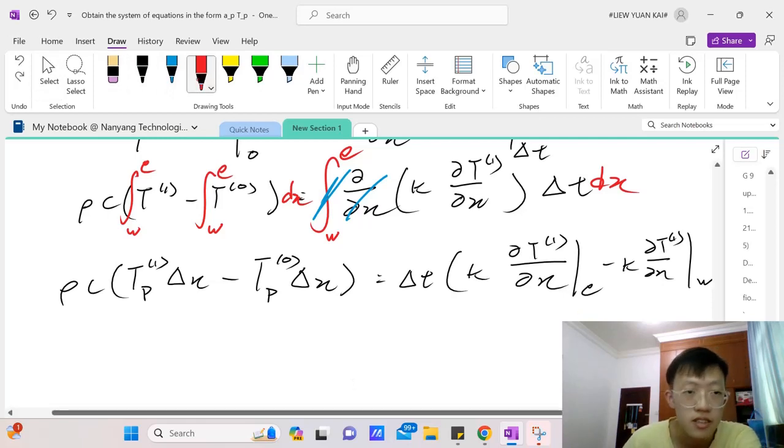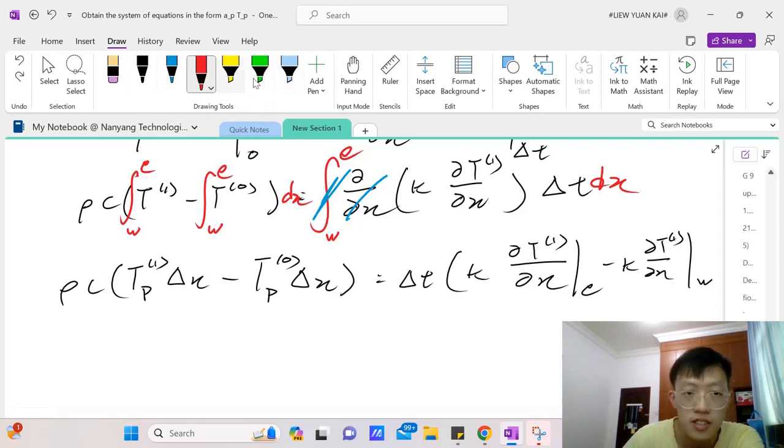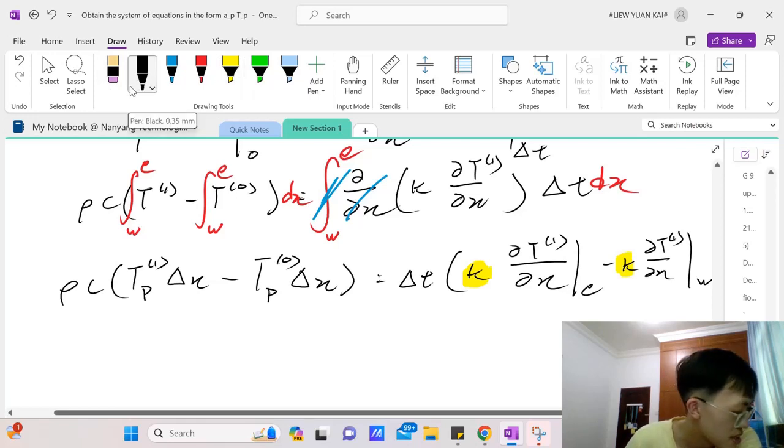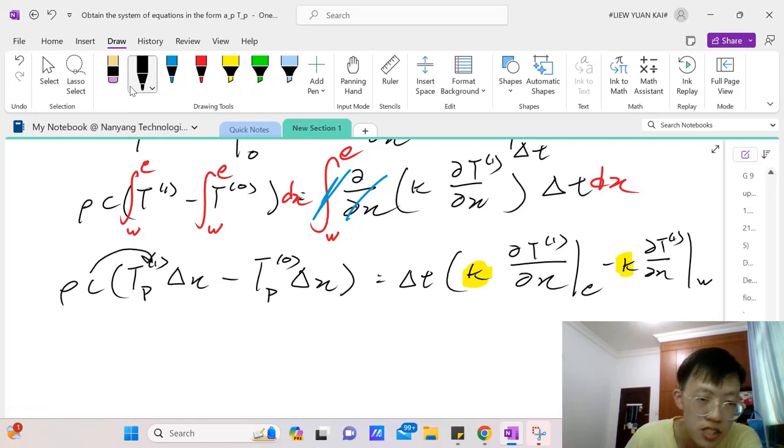Correct. So actually one further thing that I'm gonna do is, no, I'm not gonna integrate. I'm gonna factorize out this k, just for convenience. And I'm gonna distribute this rho c to here and to here.